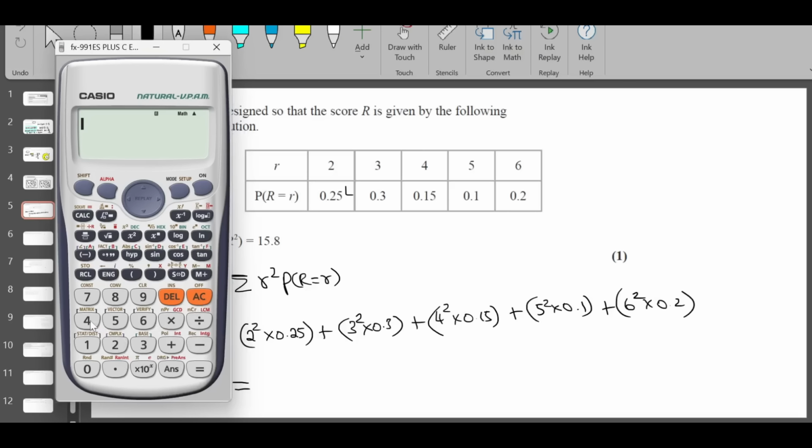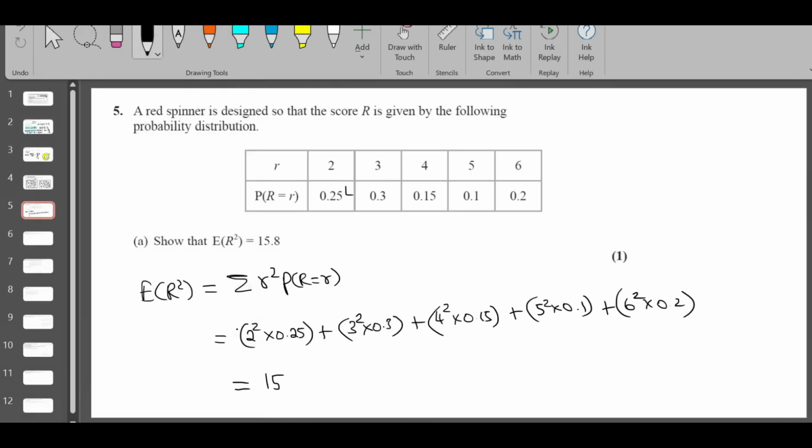So 4 times 0.25, 3 square times 0.3, 4 square times 0.15 plus 5 square times 0.1 plus 6 square times 0.2. We got 15.8. Anyway, the answer is given here. That's all. It's just a 1 mark question. Let's move on to part B now.